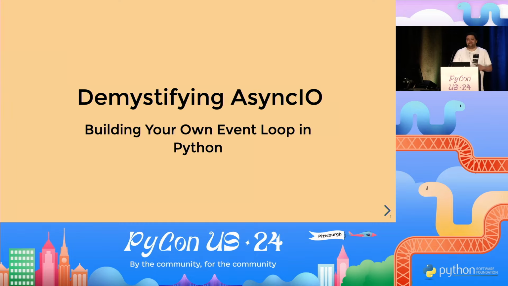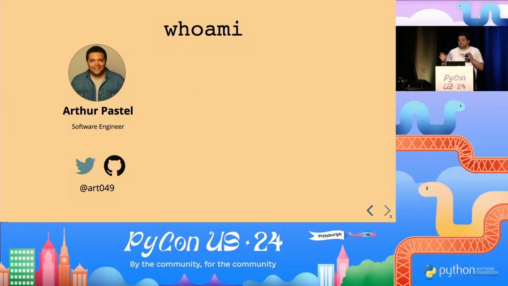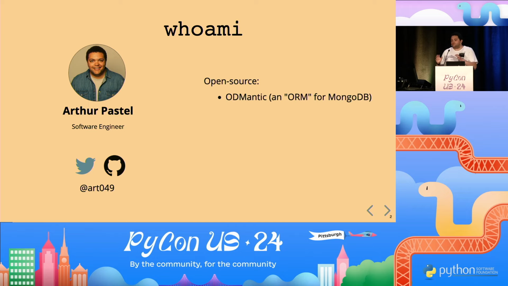Hopefully you will learn more about AsyncIO and understand how the event loop works after this talk. So maybe a little bit about myself first. I'm a software engineer from France, probably you guessed with my accent. I've been contributing to open source a few years ago, building an open source object document mapper, like a kind of ORM, but for MongoDB.